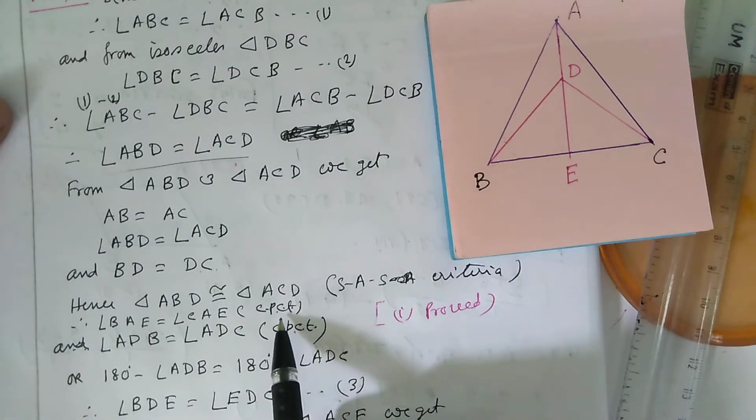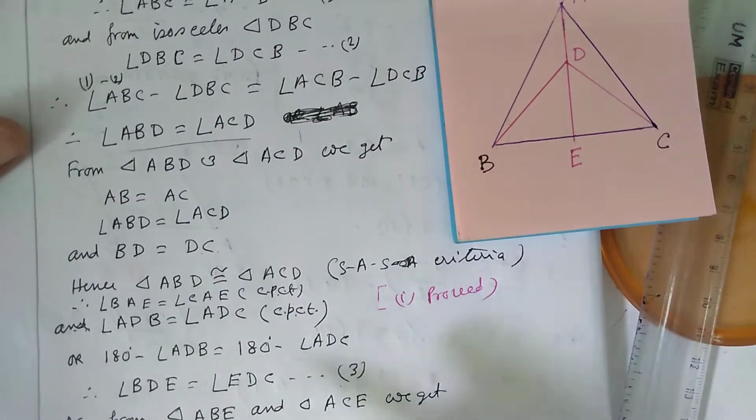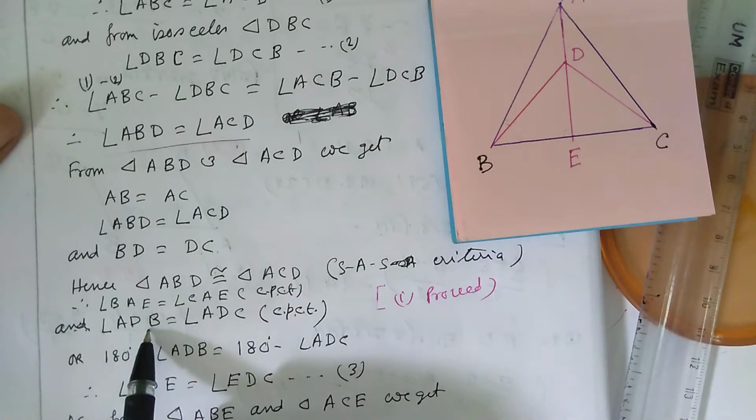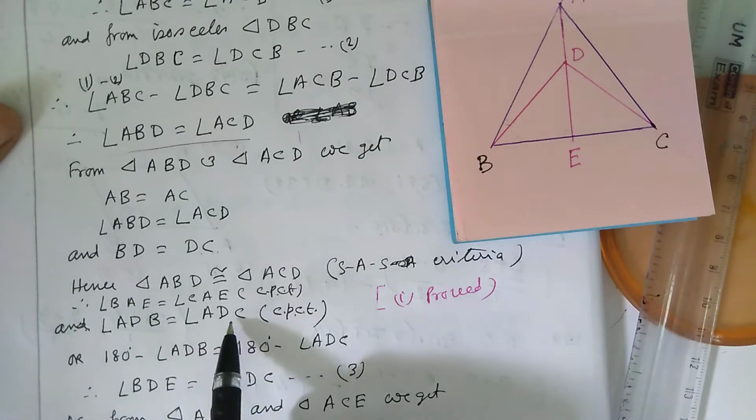common part of congruent triangles, and angle ADB equals angle ADC.